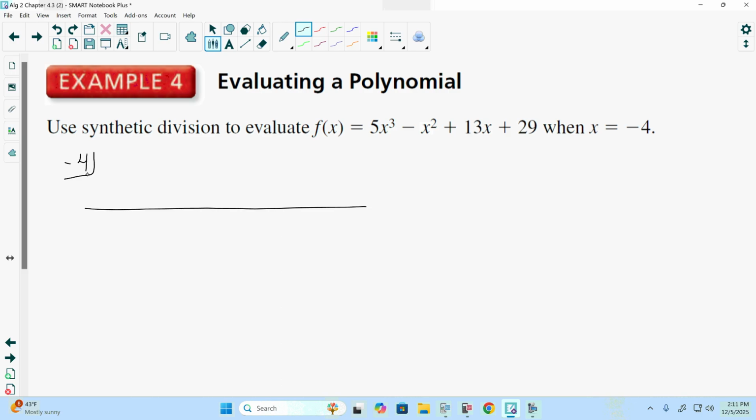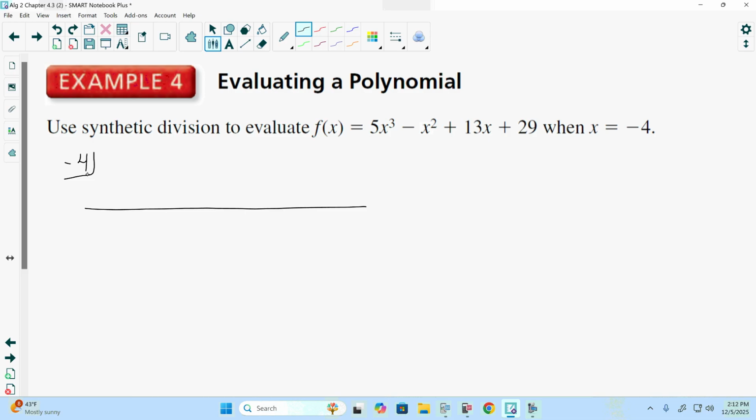Because our first step in synthetic division is to take the term that we're dividing it by. So in this case, they would have told us divide this by x plus 4. First thing we did was get x by itself, and then plug that number into the cubby. Well, they already told us what it is. x equals -4, so we can stick the -4 in the cubby.